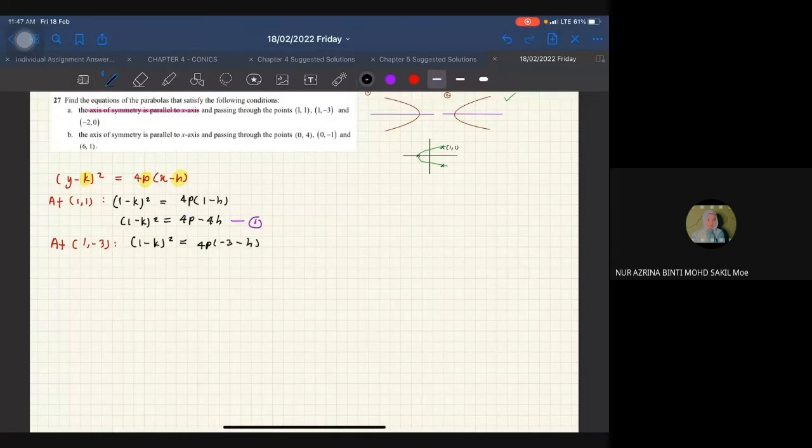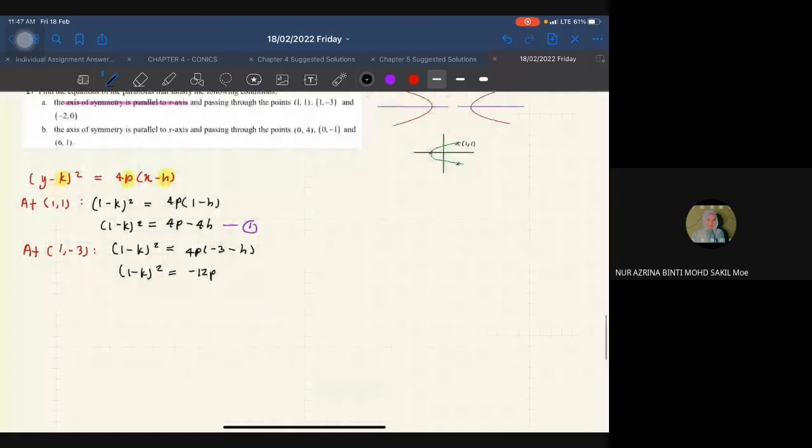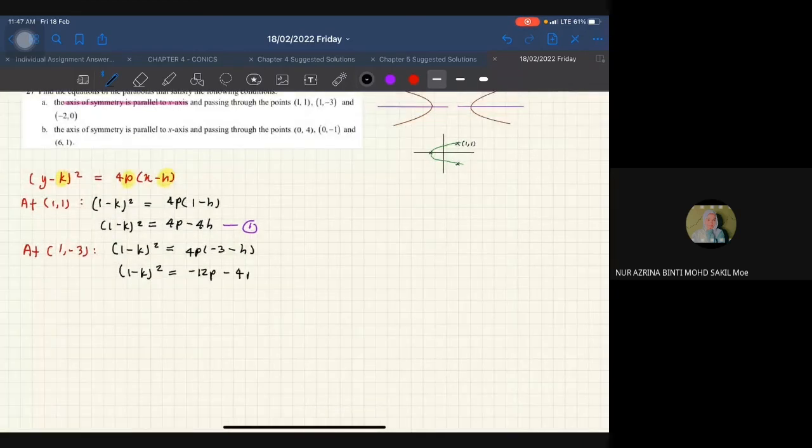Okay, so we expand the right hand side. (1 minus k) square is equal to negative 12p minus 4ph. Okay, betul ke saya buat ni? Saya takut. I need to refer number 27. Miss, yang pertama bukan 4pH kah? 4pH, betul. Okay, thank you.